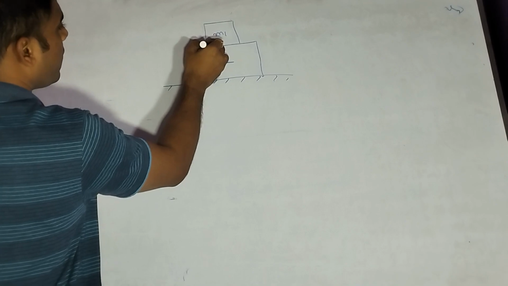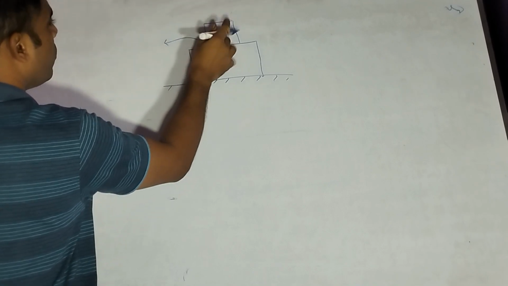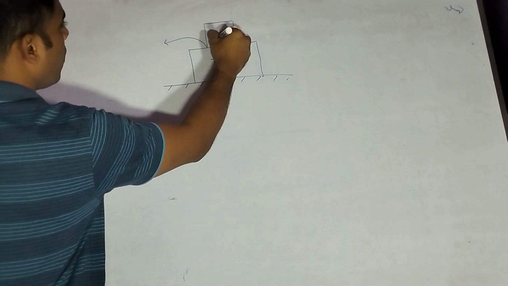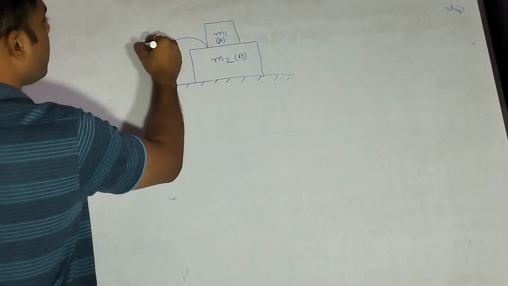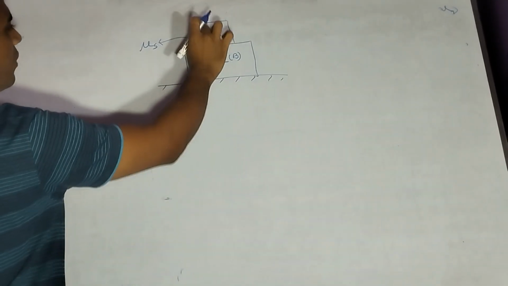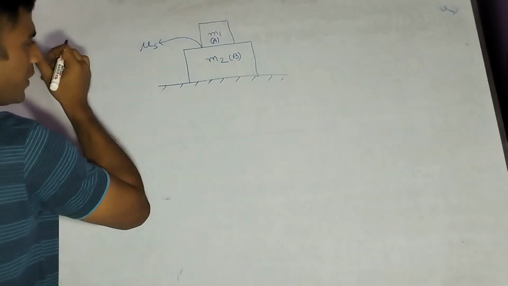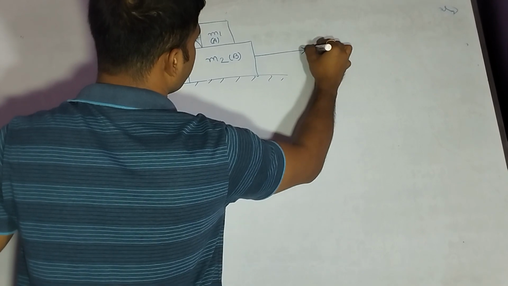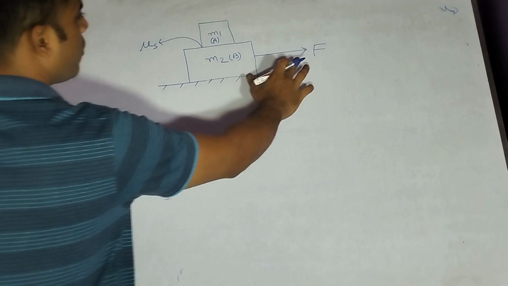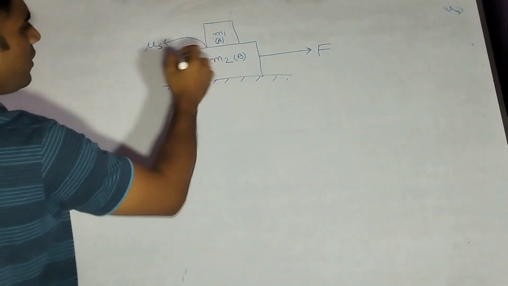The coefficient of friction between the two blocks, this is block A and this is block B, is mu s, which is given. A force is applied along the positive x-axis on the larger block.